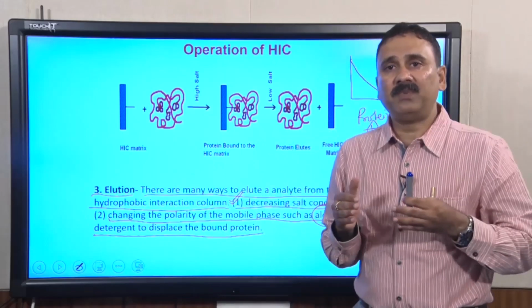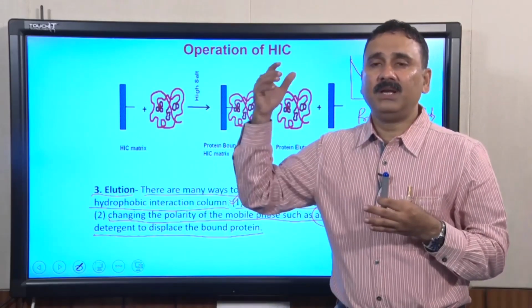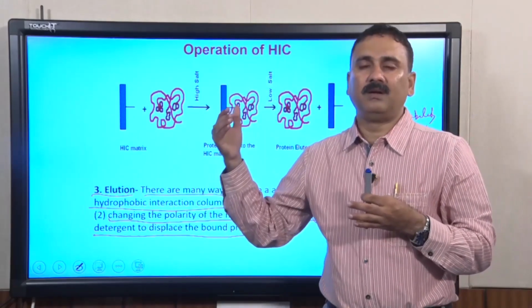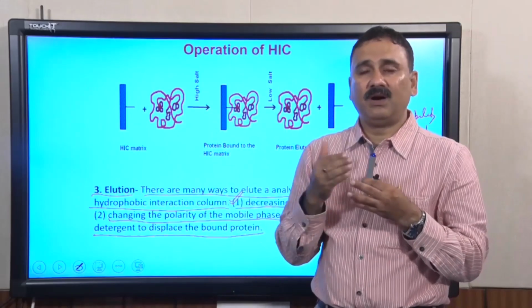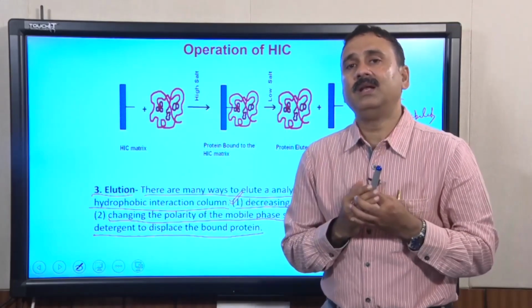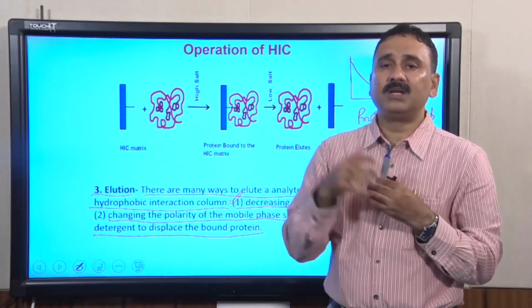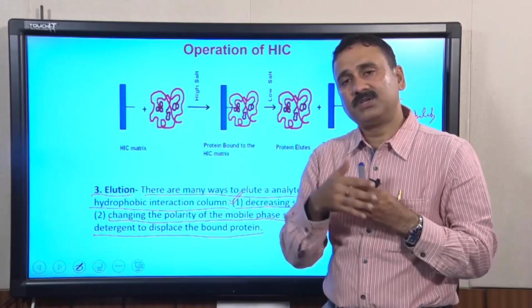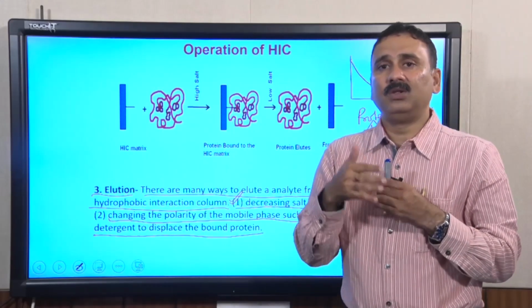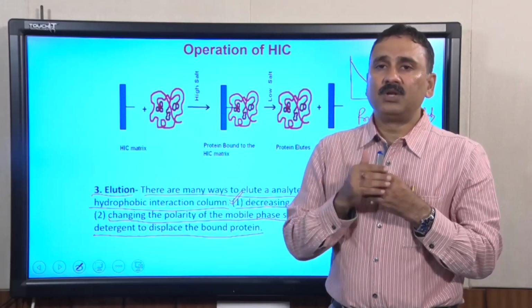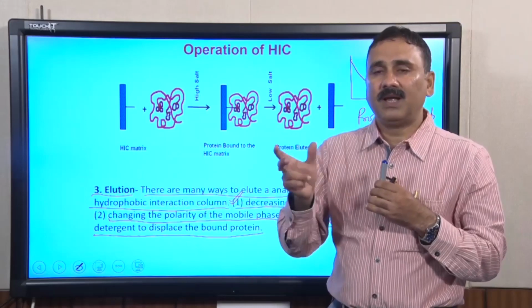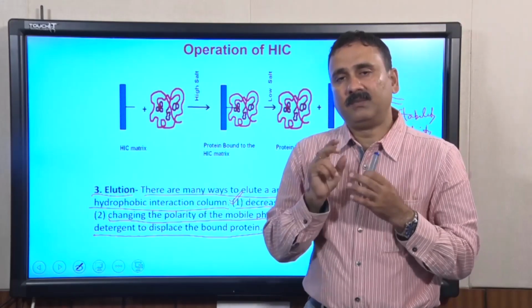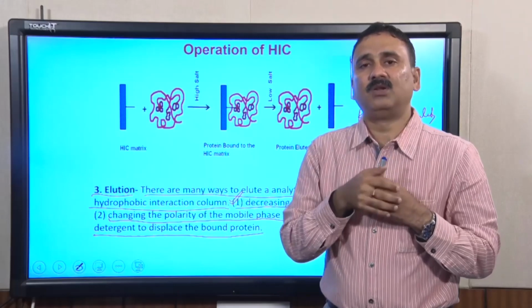In those cases, even if you flow the buffer without salt, which means you have decreased the salt, you are bringing the hydration shell back, but still it is not good enough to destroy the interaction between the ligand and the hydrophobic patches present on the protein.